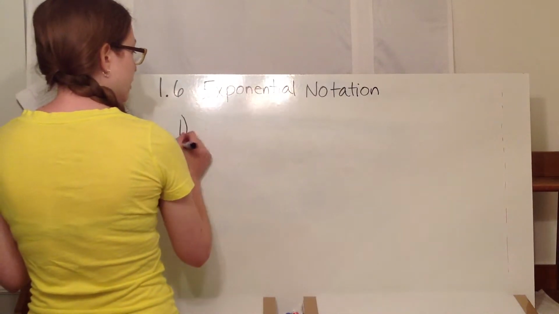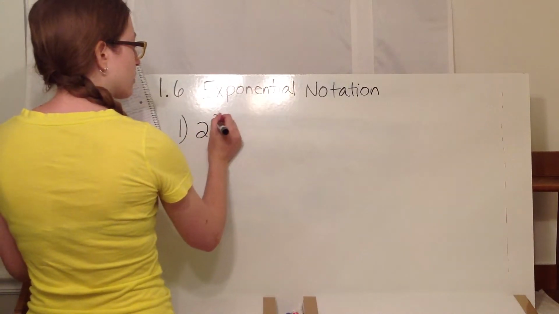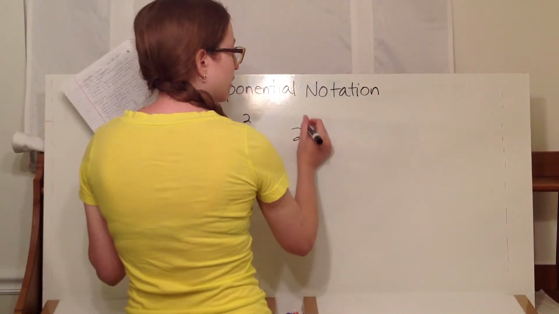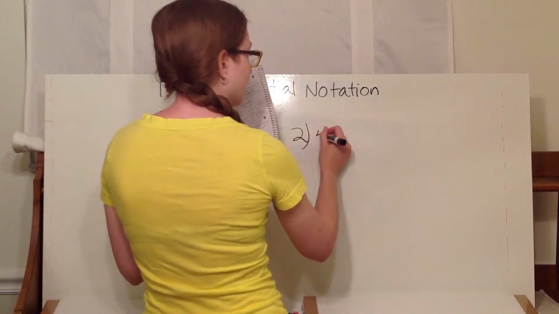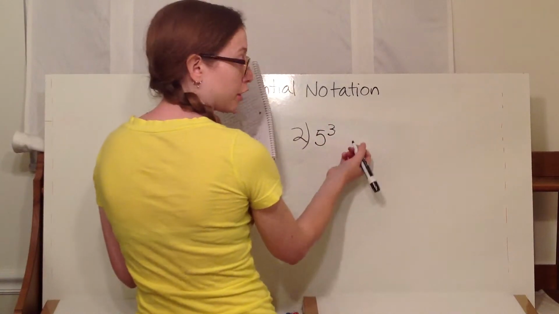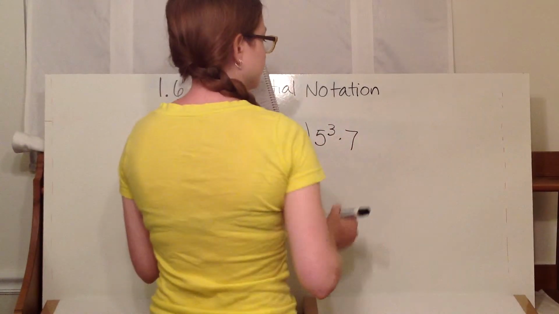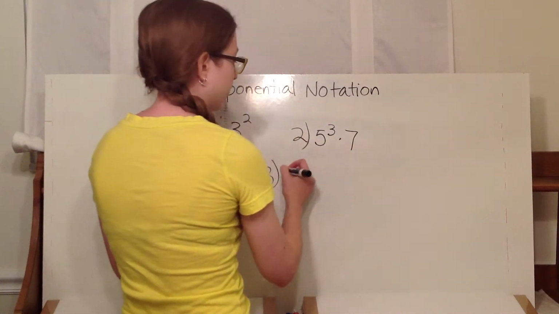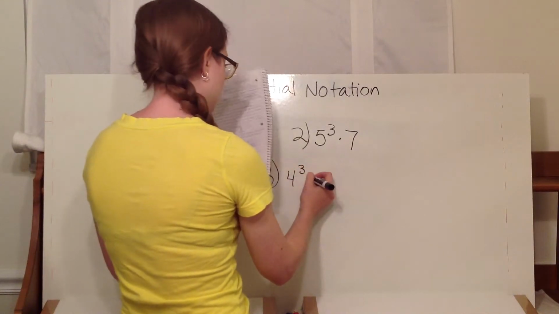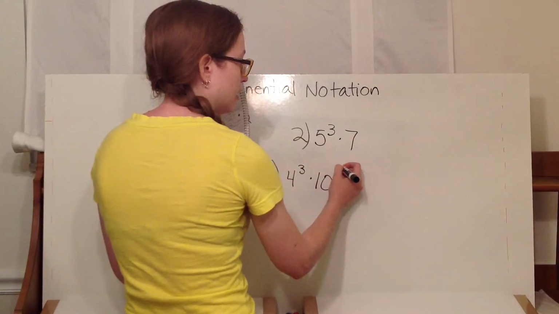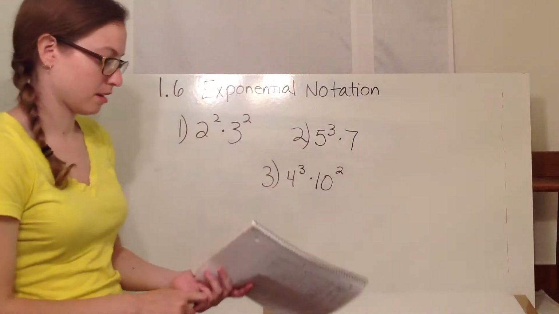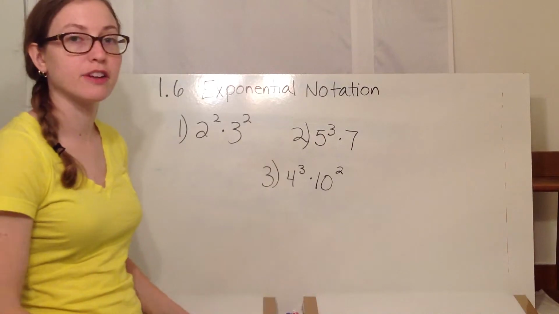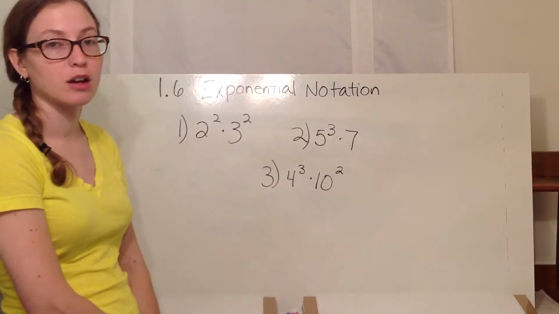The first one I'd like for you to try is 2 squared times 3 squared. The second one is 5 cubed, or to the 3rd power, times 7. And the third one is 4 cubed times 10 squared. Okay, write those down. Pause the video so that you can work those, and I'll pick back up in just a minute.